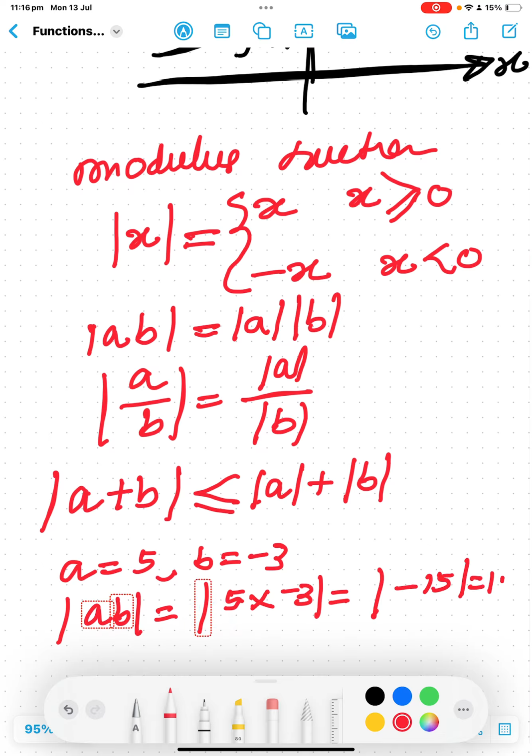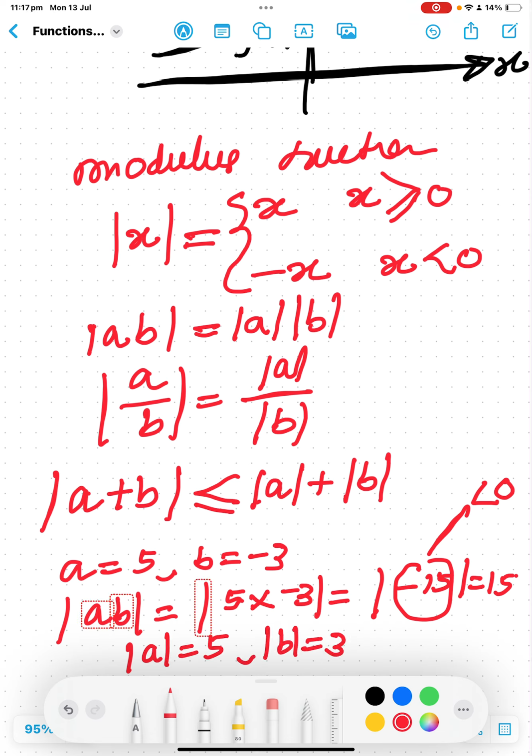Modulus, this is 15, because -15 is less than 0, so negative times -15. Modulus of a is 5, modulus of b is 3. So modulus of a times modulus of b, again 15.